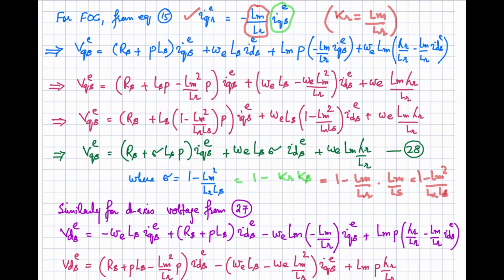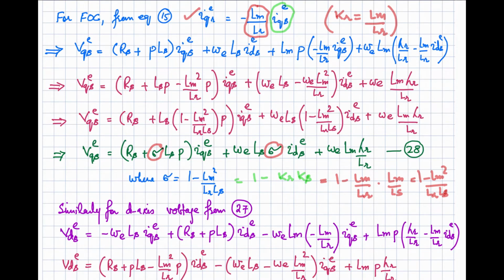So we have written the q-axis voltage equation in terms of the stator current, and we have used this leakage coefficient in order to simplify the equation.